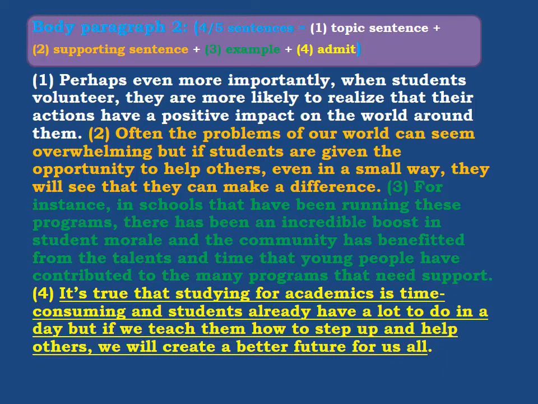So there is something beneficial from doing such community work. And the example is talking about the schools that run such programs. So this is an example.